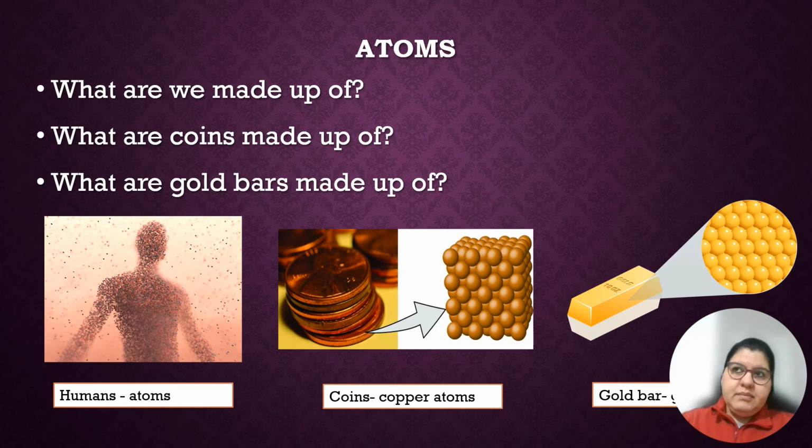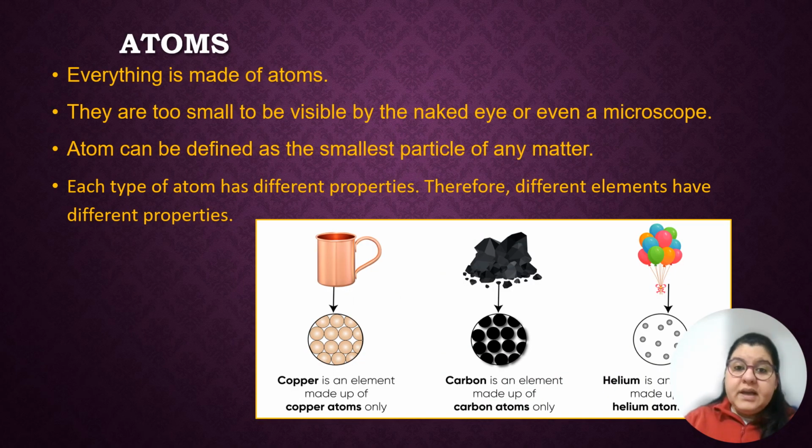The coins are made up of one single type of atom, which are copper atoms, or some kind of an alloy of some metals. Similarly, the gold bar is all made up of gold atoms. In fact, everything is made of atoms. Atoms are tiny particles that are too small to see with our naked eye or even with a microscope.